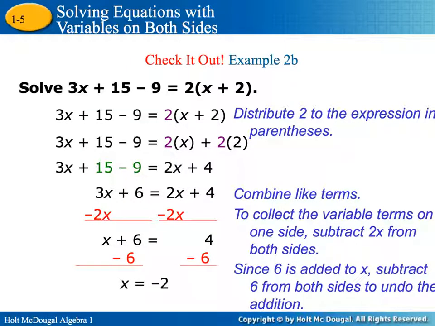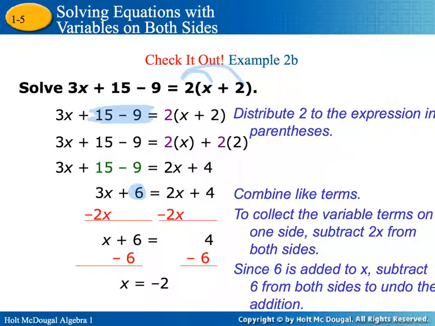Here is an additional example. This time, you're going to group. Instead of rewriting, I'm just going to walk through the example that I've written. On the left side, you need to group your like terms, the 15 and the 9. Once they subtracted that, they got 6. They dropped down the 3. Over here, you have to distribute the 2 to the x and to the 2.